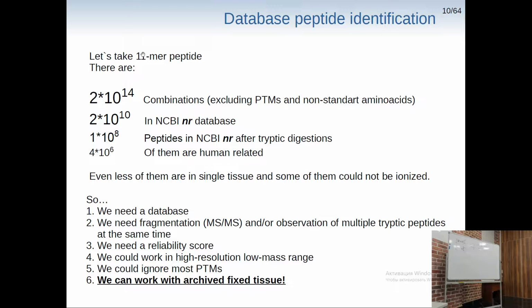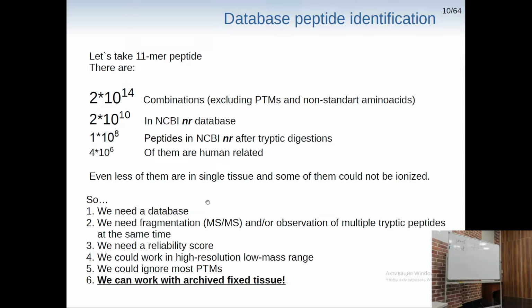And if we want to search something, it's better for us to at least know which database is better to search. For instance, we don't need the NR database if we are working with mice, because NR contains everything. We'd be better off with some mouse reference genome, for instance, transcriptome, or for mouse there is no problem, we have a reference proteome as well.